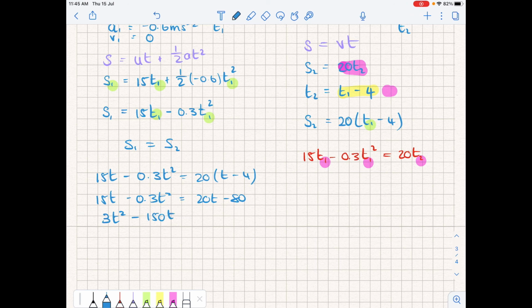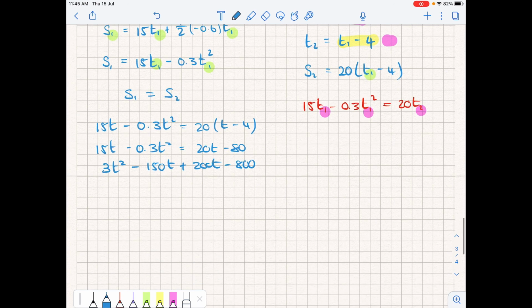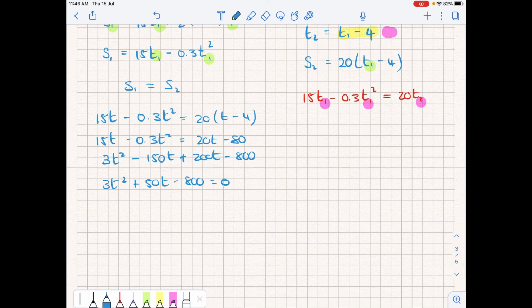On the other side, we'll have plus 200t minus 800. Adding those two together, we get 3t squared plus 50t minus 800 equal to 0.